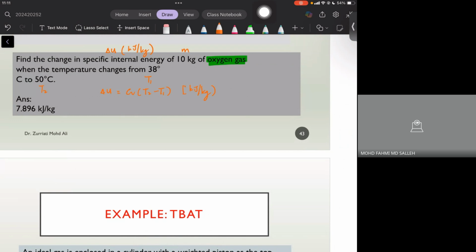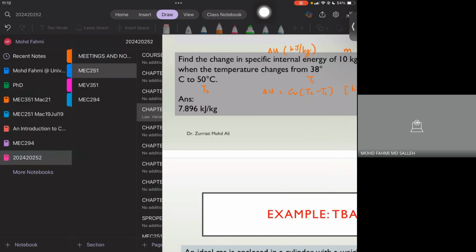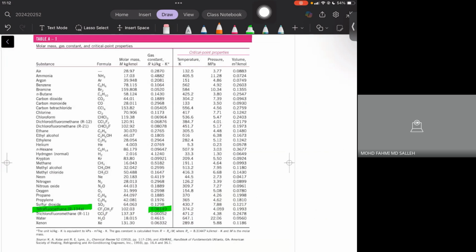Right. So now we do have the information for T1 and also T2, but we don't have the value for Cv for the oxygen. Since there is no information on that given by the question, we can look into the property tables.